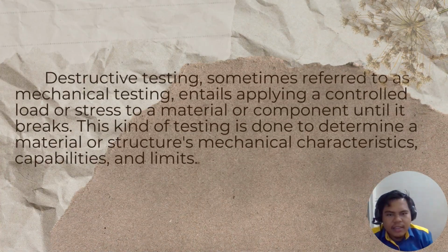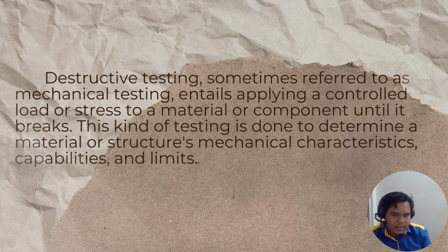The destructive test, sometimes referred to as mechanical testing, entails applying a controlled load or stress to a material or component until it breaks. This kind of test is done to determine a material or structure's mechanical characteristics, capability, and limits.